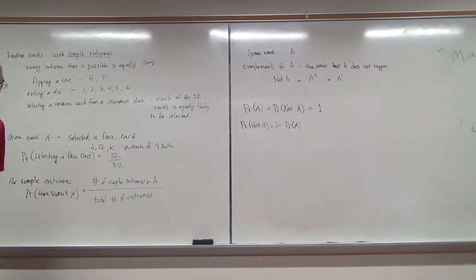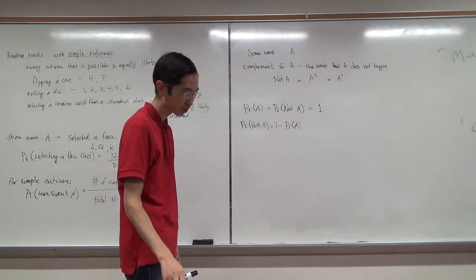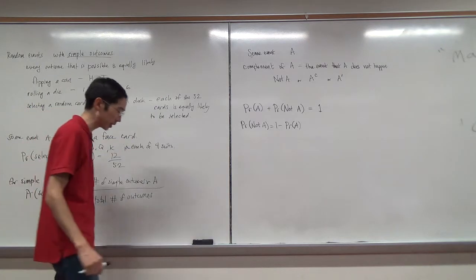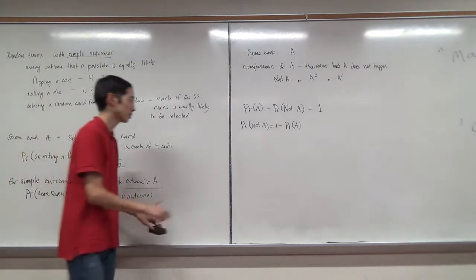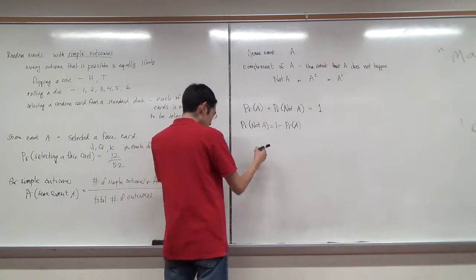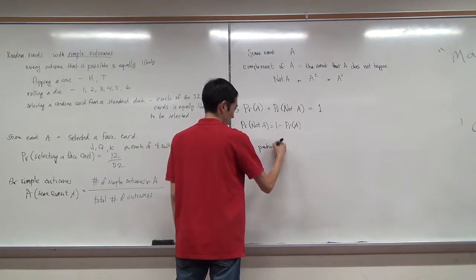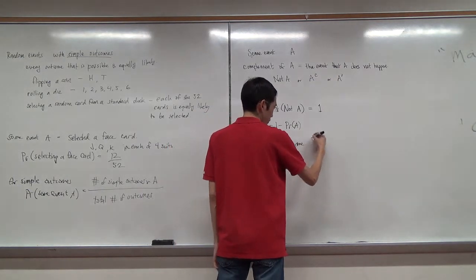Okay? So if we take into account everything that's possible, it must be 1. Okay? Because something is bound to happen. I guess I will state this now. So all probabilities are between 0 and 1 inclusive.